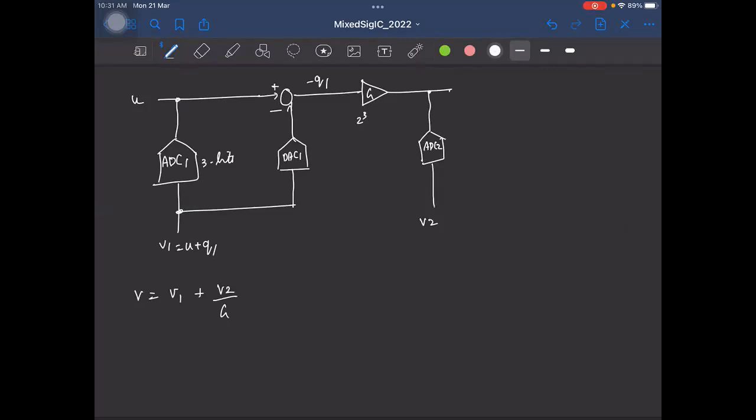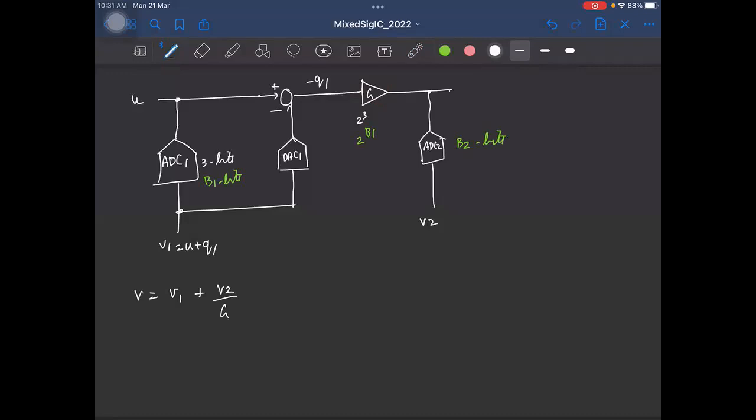So now let's say we generalize it. Let's say this is B1 bits. Okay. So what should be the gain here? Two power B1. Okay. This should be 2 power B1. Now let us say this has a resolution corresponding to B2 bits.